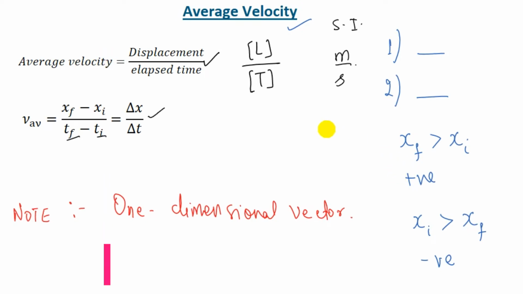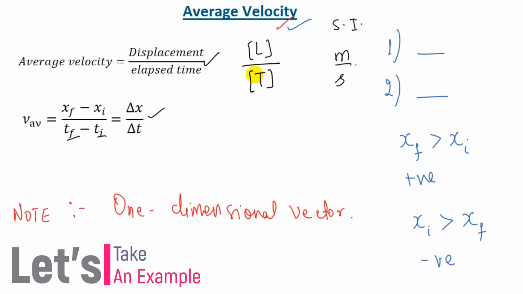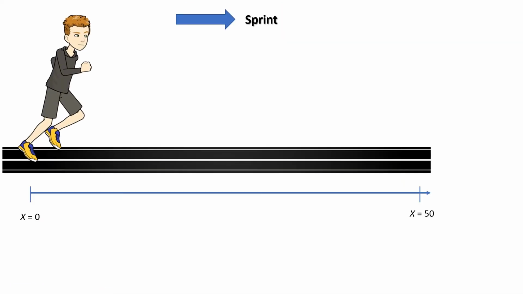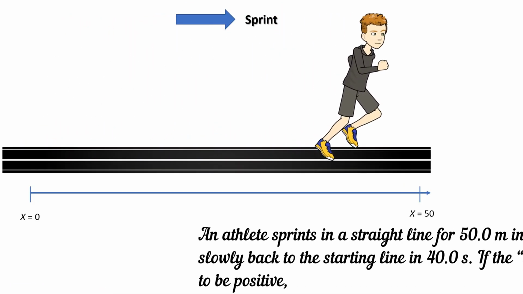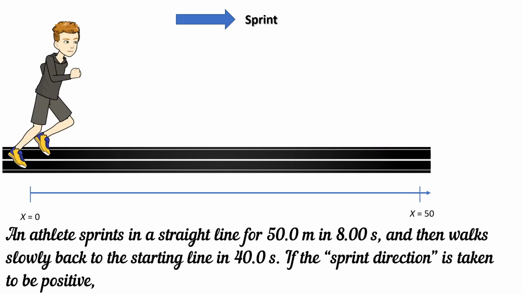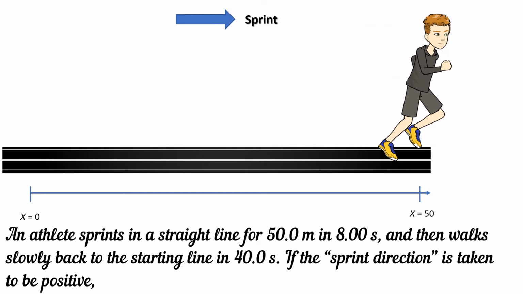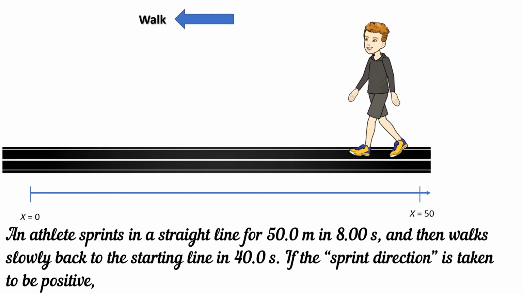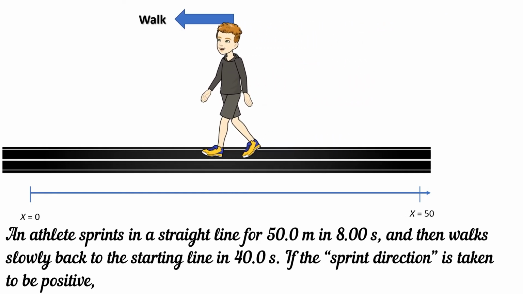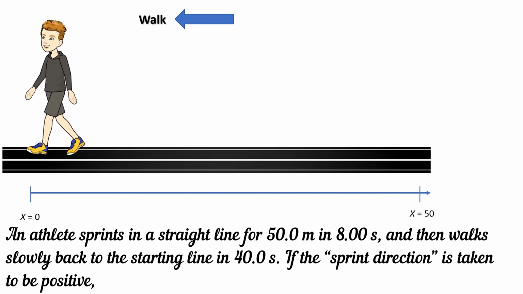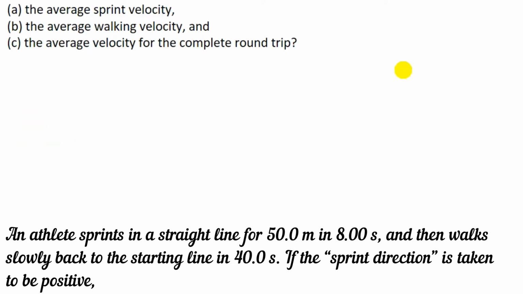Now to understand this term better, let us take one example. Here we can see that an athlete sprints in a straight line for 50 meters and the time taken is 8 seconds, and then he walks slowly back to the starting line in the time interval of 40 seconds.